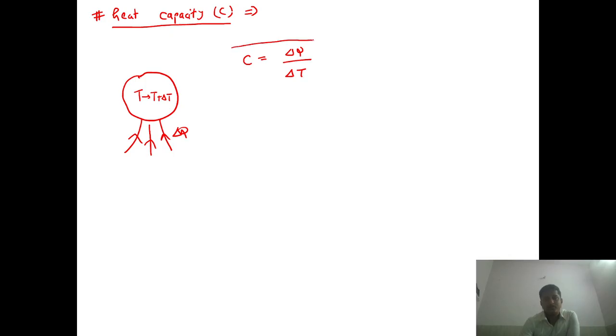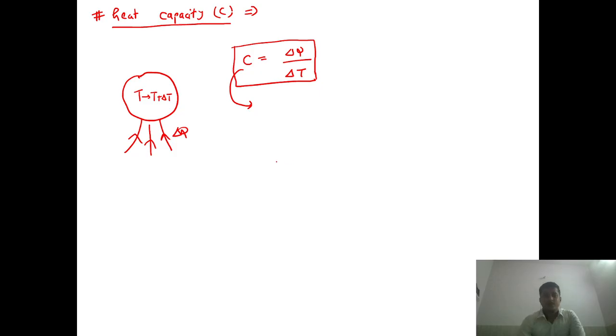Say some heat is provided to a substance. If delta Q heat is provided and its temperature rises from T to T plus delta T, then heat capacity is written as delta Q divided by delta T. This is the simple expression.